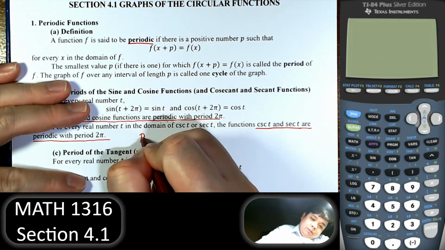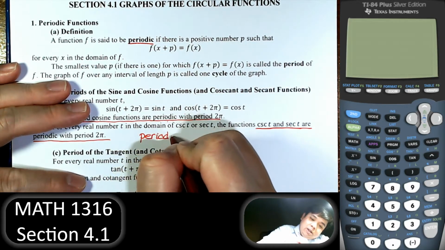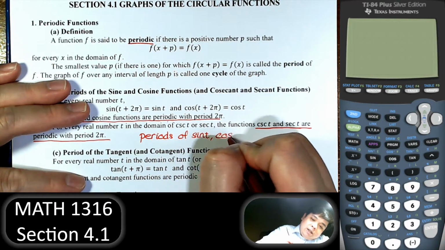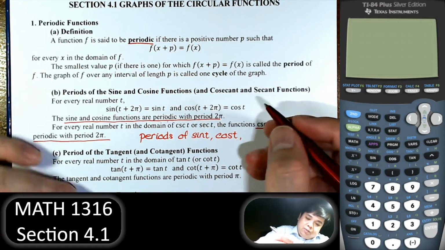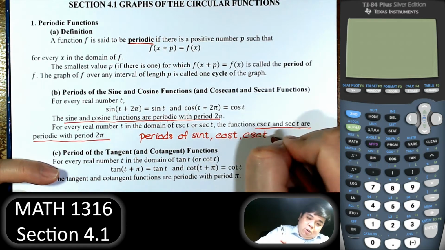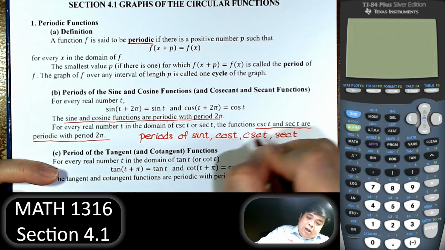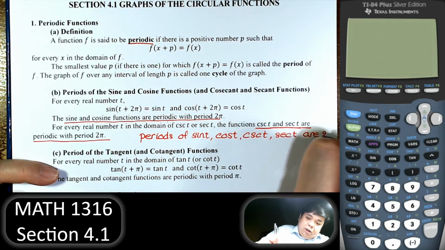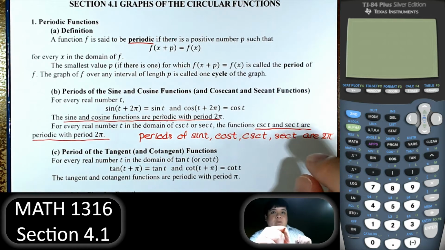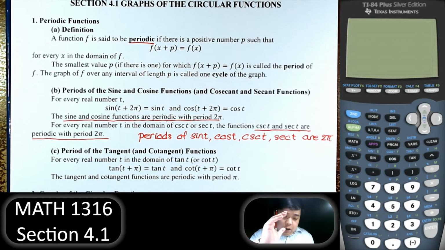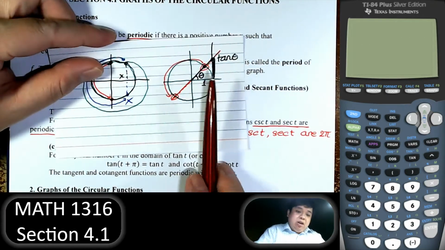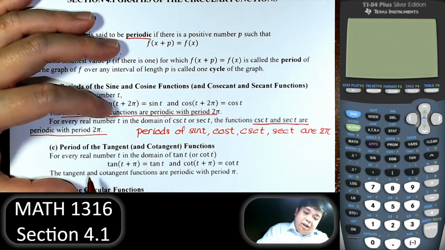So I will write the periods of sine t, cosine t, and the reciprocal of sine is cosecant, the reciprocal of cosine is secant, and the period of those is 2 pi. Because when we go one complete revolution, we get back to the same x, y values, the same sine and cosine values. And we did show that the period of tangent and cotangent is pi.